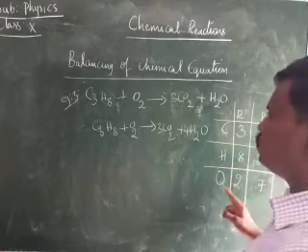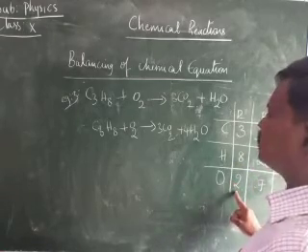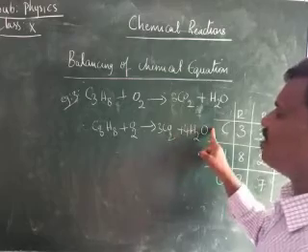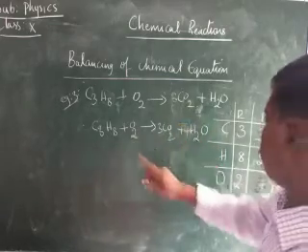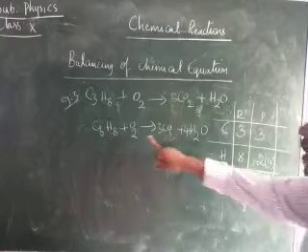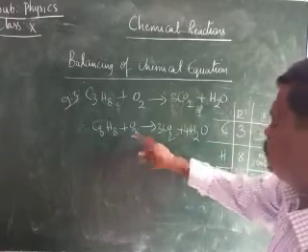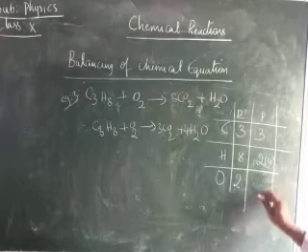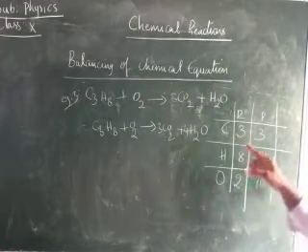And again what should I do, children? I should balance the oxygen. How many oxygens are there? 6. 6 plus 4, 10 are there. Here only 2 are there. Okay children. Therefore can I make this as 10? Yes. Here 10 are there after balancing.